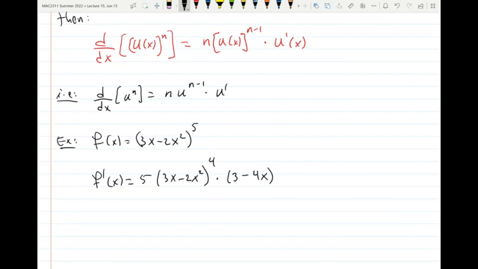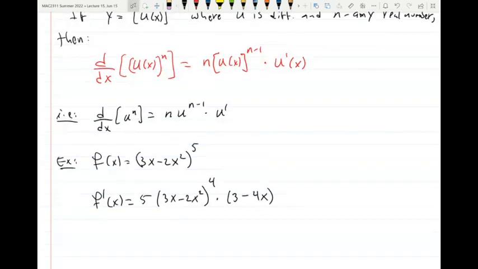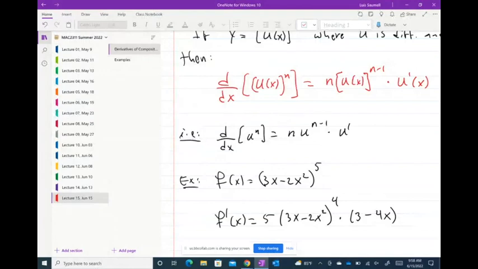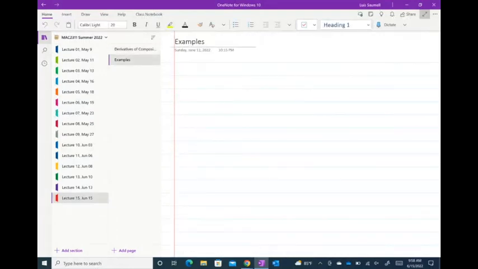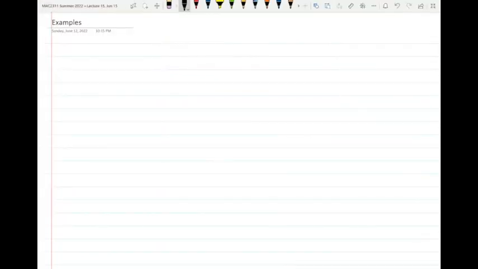Okay, now let's do more examples. I'm going to give you a bunch of functions. Just practice taking derivatives, okay? So let me write it down. Find the derivative.